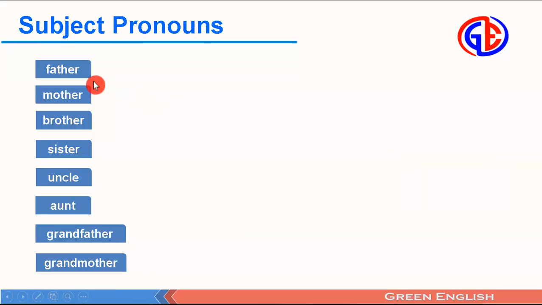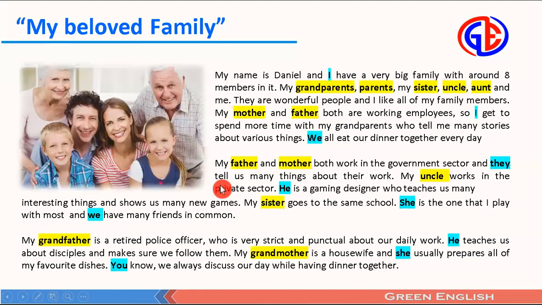So we have father, mother, brother, sister, uncle, aunt, and grandmother and grandfather. So let me go back. So basically, there are some pronouns, yeah, subject pronouns. But for today, ya untuk kali ini, we only focus on he and she.